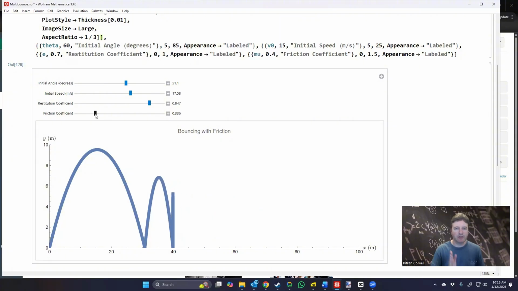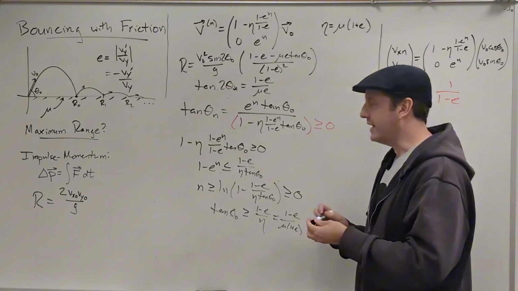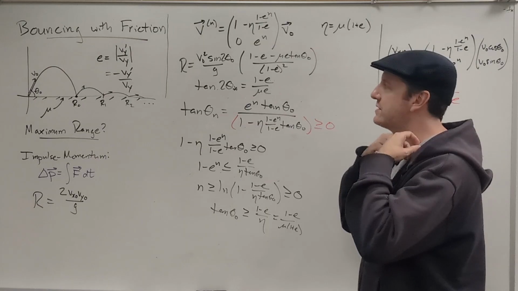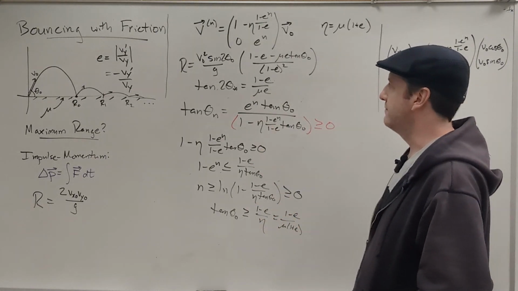It'll eventually just reach some sort of maximal range, and we would have to find out how many bounces that is with a floor function or something. So it's kind of fun to play around with it, and you can see that it does depend on both e and mu to determine whether it eventually stops bouncing forwards or if it just continues until the energy is completely dissipated.